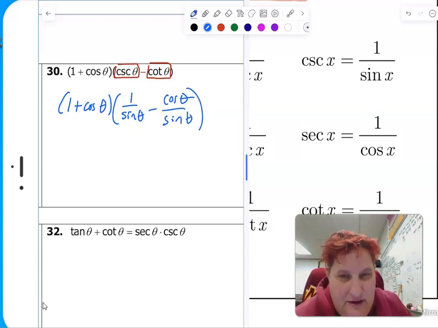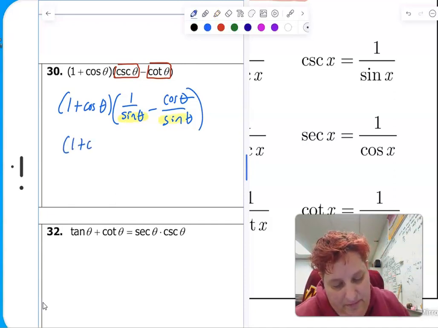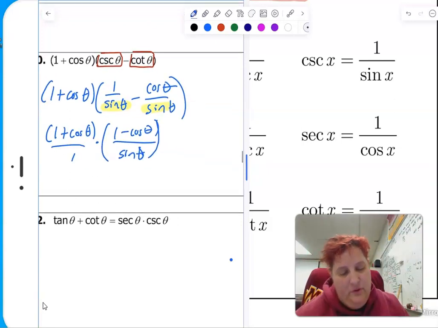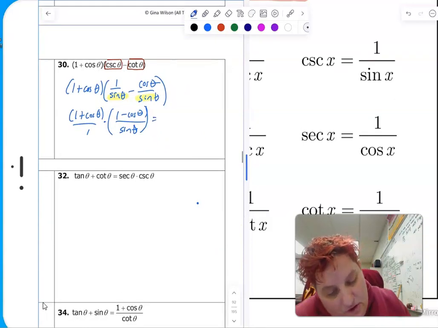At this point, I was going to FOIL, but actually now that I see that I have a common denominator, I'm going to do that. So I have 1 plus cosine. And then over here I have 1 minus cosine over sine. And this one's over 1. I'm multiplying those, okay? So when I multiply it on the bottom, 1 times sine is sine.